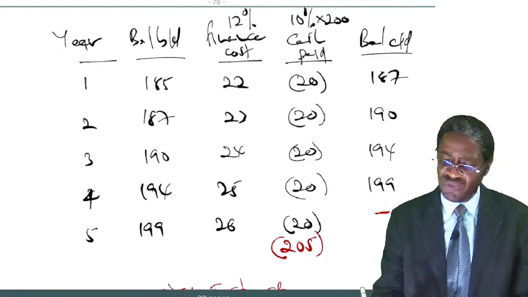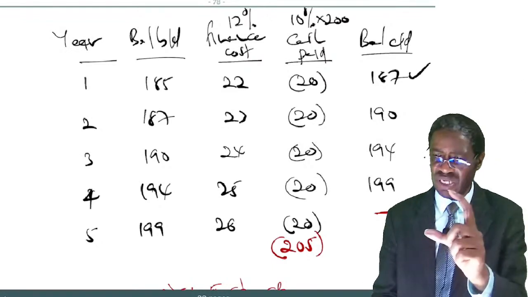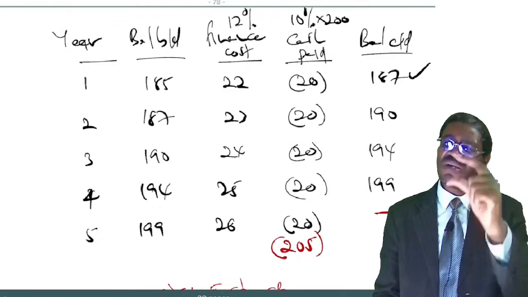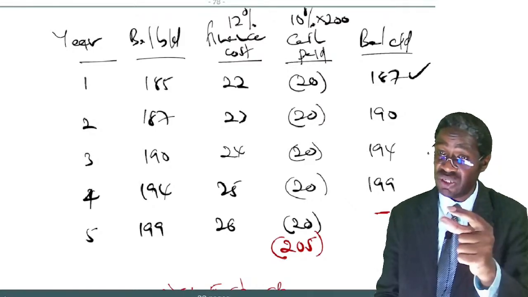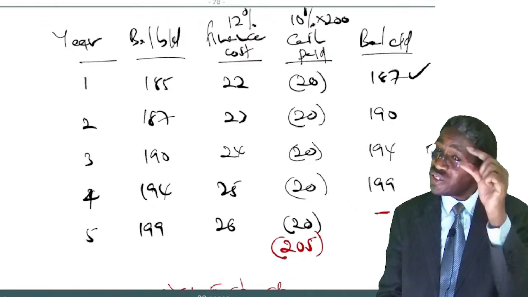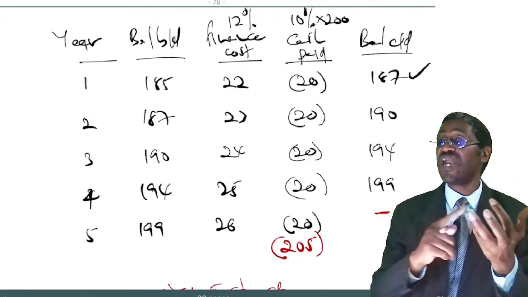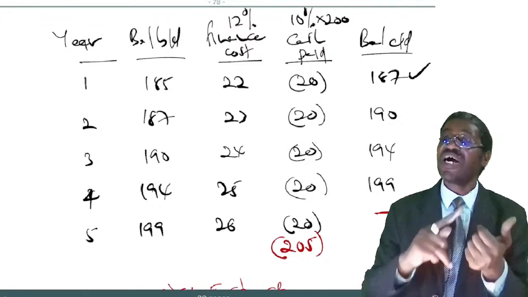So if by end of year 1, I am carrying down a liability of 187 million, I will ask myself, how many more years do I still have for me to pay that bond? It means I have a 2nd year to go, 3rd year, 4th year, and the 5th year.